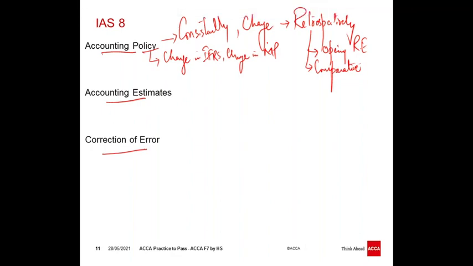So the basic thing is you cannot change the policy, and it should be applied consistently. When you are going to change, it can be changed according to IAS 8, which says that you can only change the accounting policy when there is a change in IFRS or a change in the management perception about the policy.